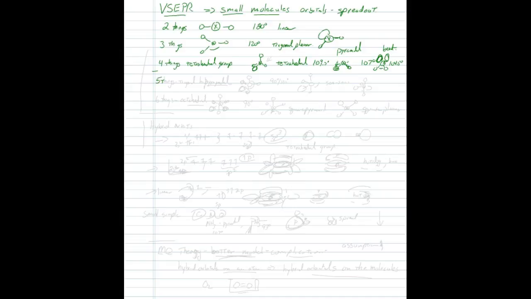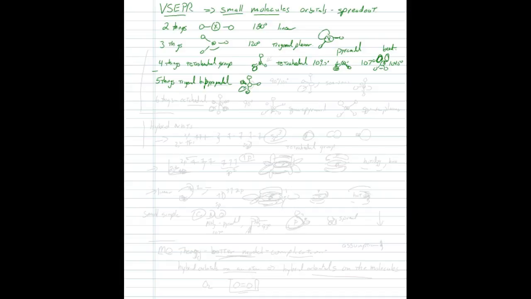If you have five things, atoms, lone pairs, then you have a trigonal bipyramidal. The central location is like a flat triangle, but you also have atoms above and below.